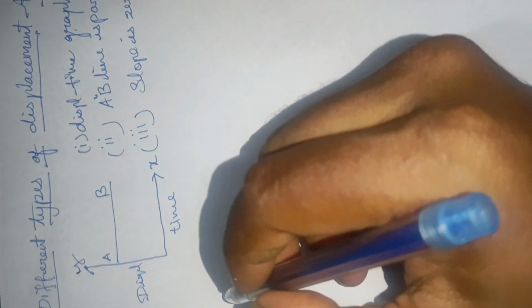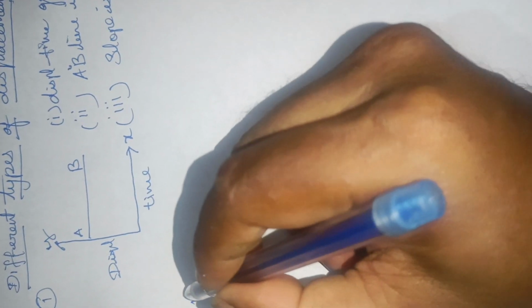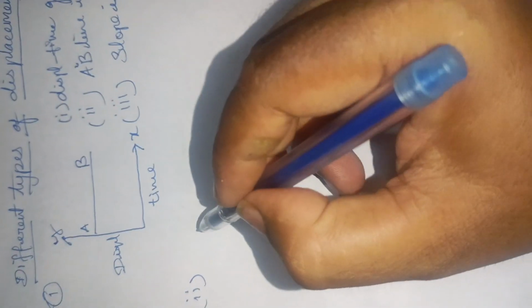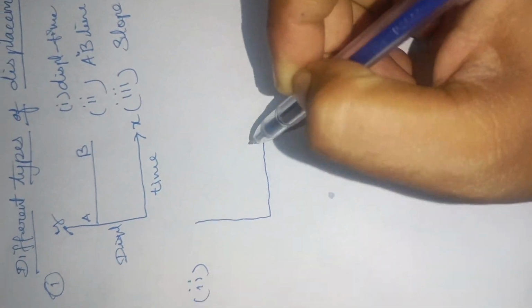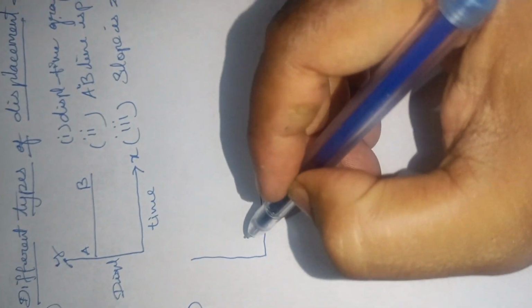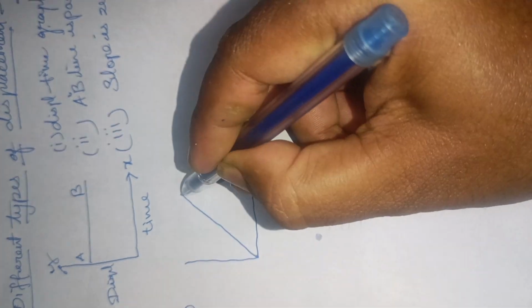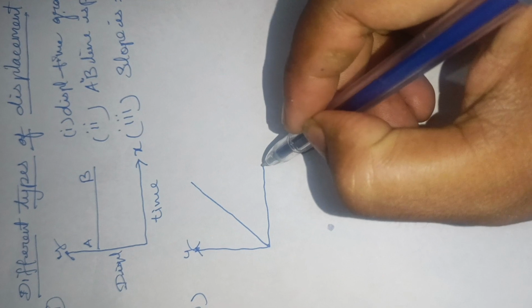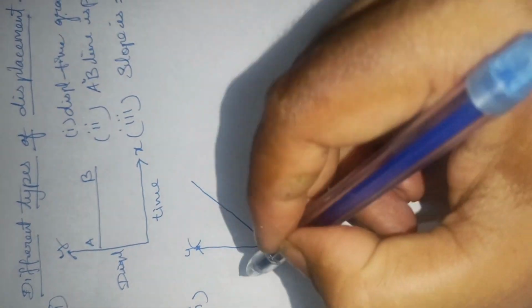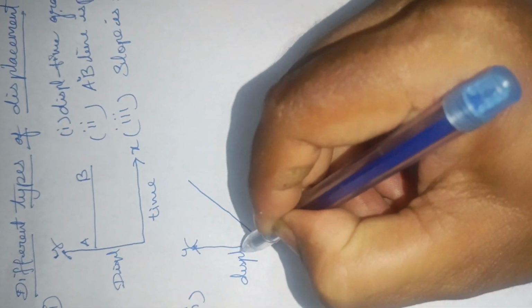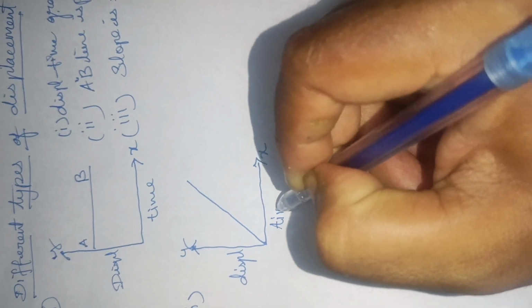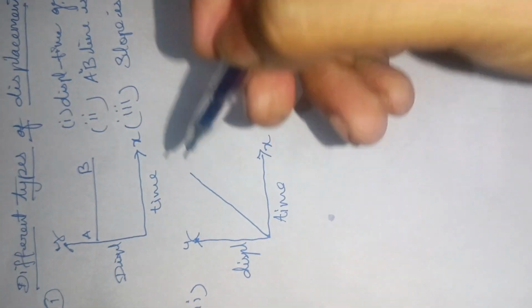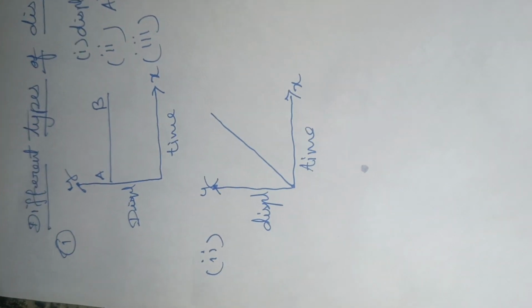Next we are going to talk about the second type of graph, which is also a displacement time graph that is a straight line. Of course you will understand, this is my y-axis, this is my x-axis, this is my displacement, and this is my time section. I can consider this as my AB section.